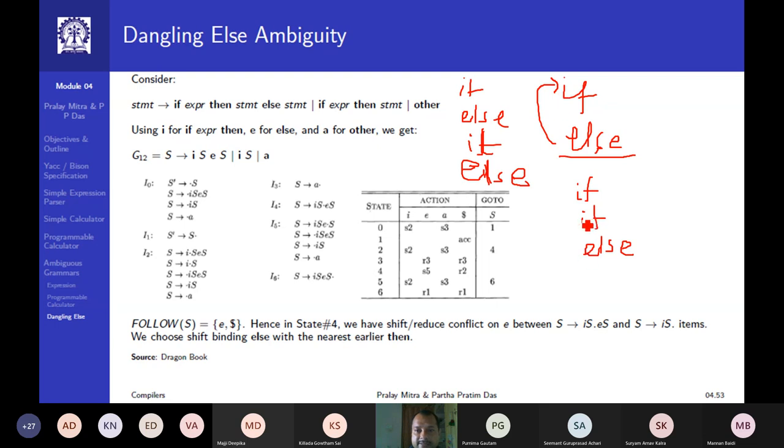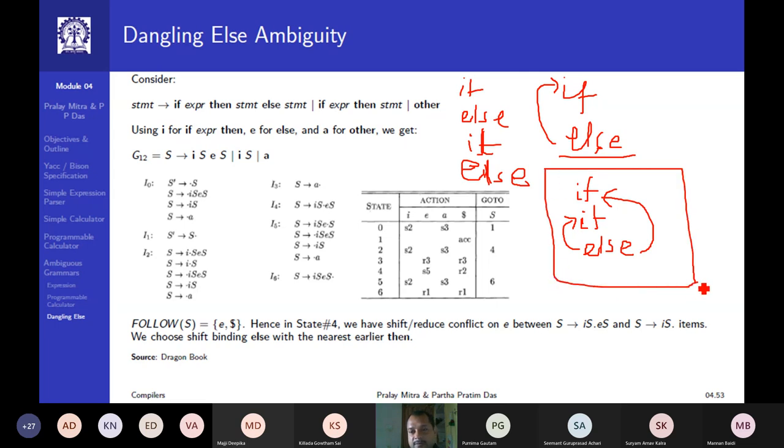In this case, whether this else will bind with this if or this else will bind with this if, that is the question. And this is very interesting and it is not very straightforward. If I do not use a curly brace, then it may be a mistake.